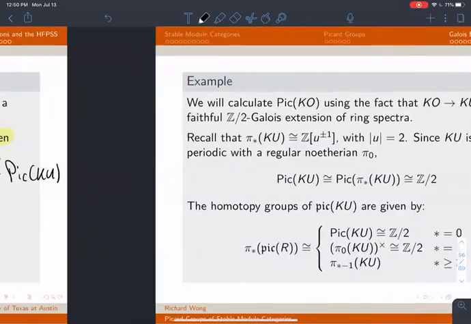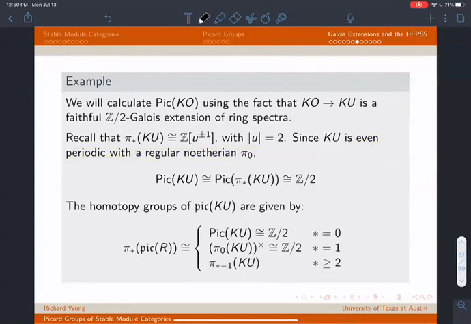And now that we know that, sorry, this is pic of KU. We can also compute the higher homotopy groups by computing the units of pi 0 of KU. And we know that this is either Z or 0.